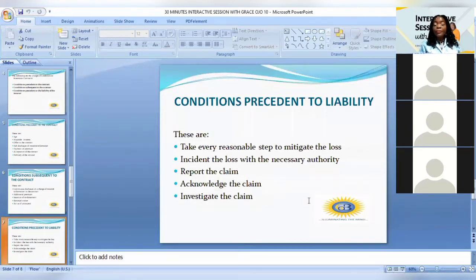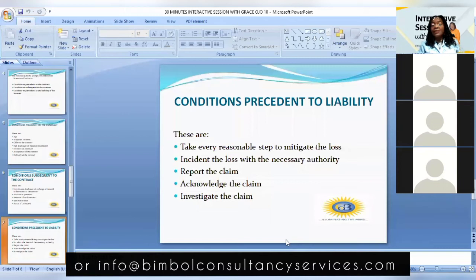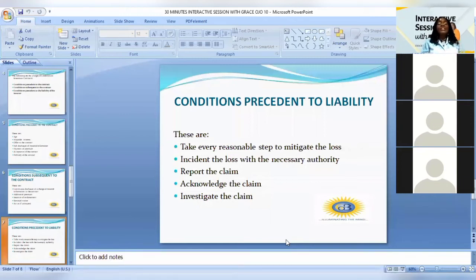Please raise your hand or unmute your mic and ask a question, so that there is more clarity. It's an interactive session. It's not just that Grace Ojo will be talking. When Grace Ojo talks and people are not clear, they can ask their question. That is why it is called interactive session. Please unmute your mic and ask your question.